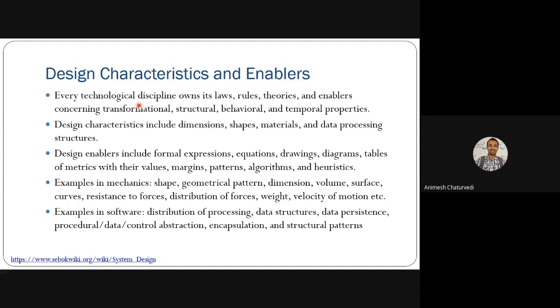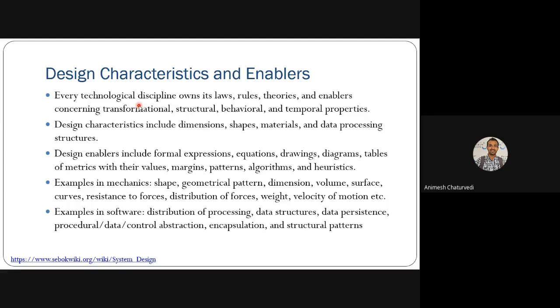It depends on the field you are working in, and on the domain of the system you are working on. Specifically, the system enablers are like formal expressions, equations, diagrams and drawings, mind maps or tables, patterns, algorithms, and heuristics. All these things are said to be design enablers.